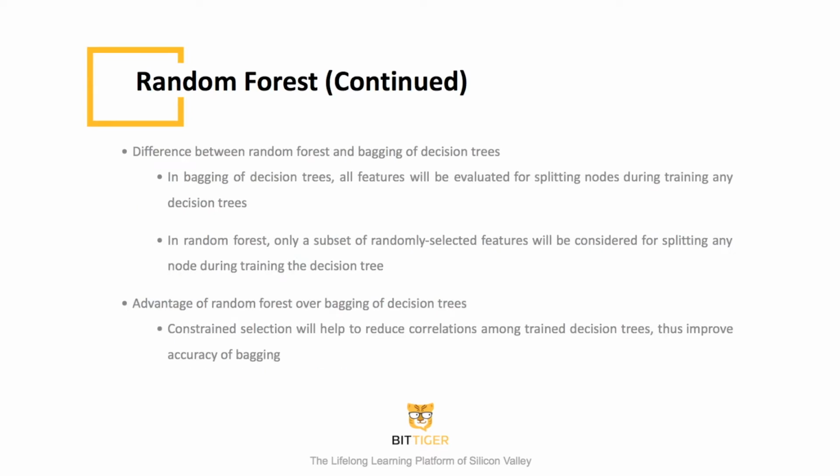In bagging of decision trees, all features are evaluated for splitting any node during training of any decision tree, while in random forest, only a subset of randomly selected features is considered for splitting nodes. This constrained selection in random forest helps to reduce correlations among trained decision trees, thus improving the accuracy of bagging and leading to better bagging of decision trees.